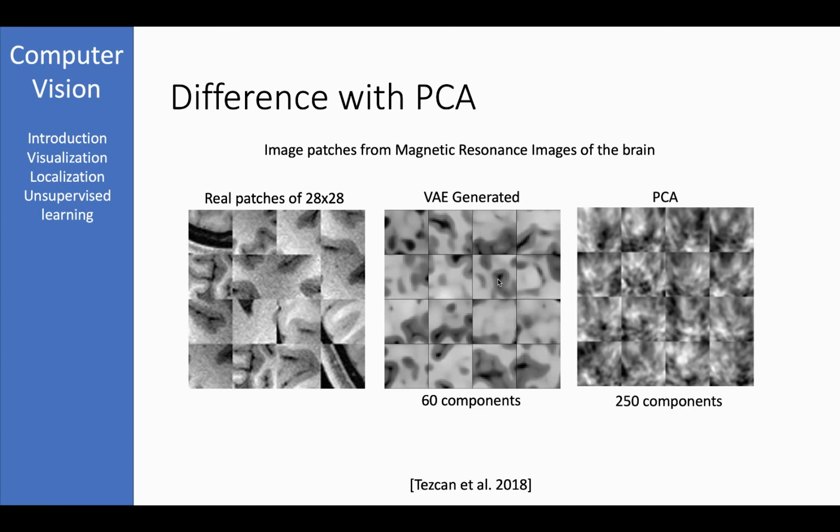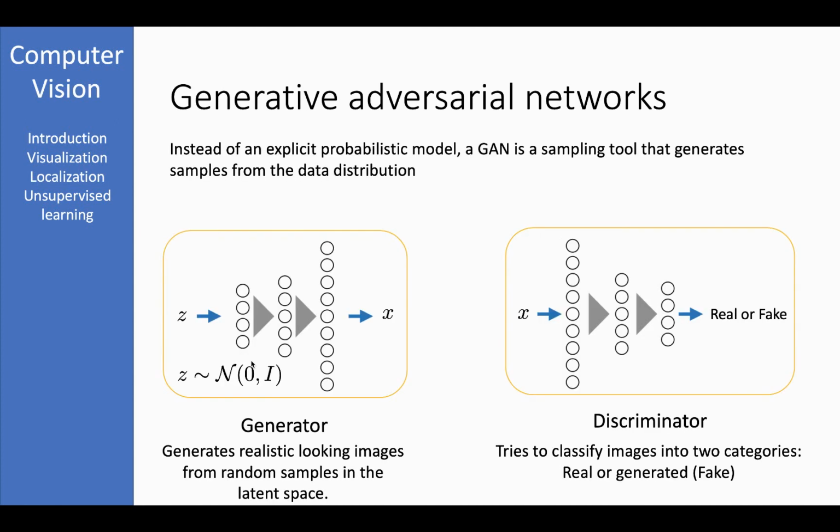You can imagine increasing the number of components or the latent dimensions and hope that probabilistic PCA will get better samples, but that's not the case. Instead, probabilistic PCA learns the noise better and is unable to really model the actual samples and create real-looking images.